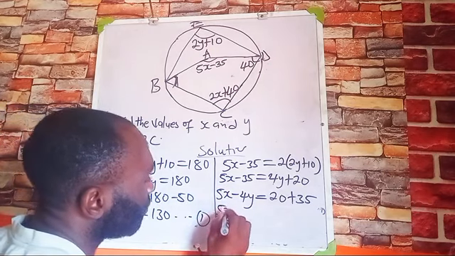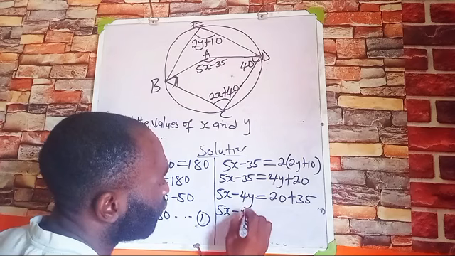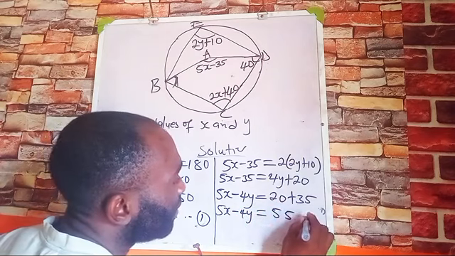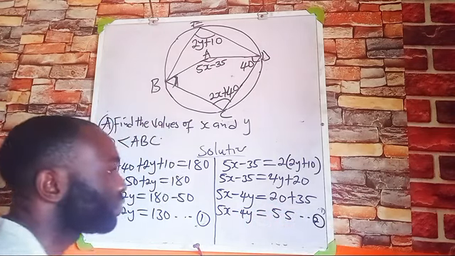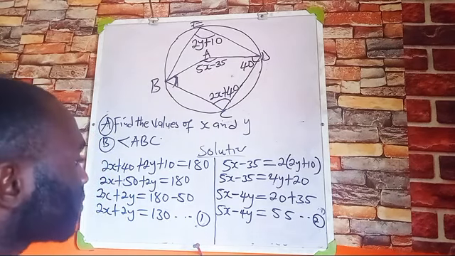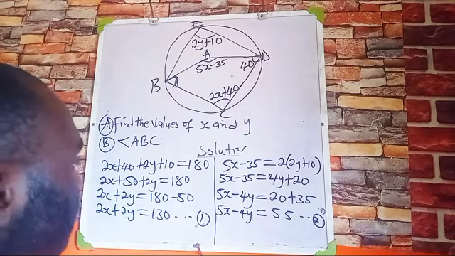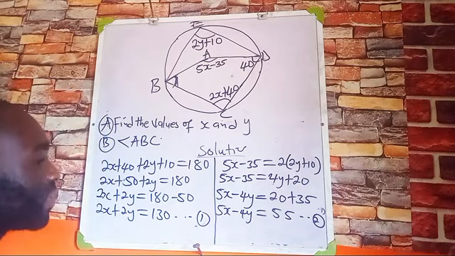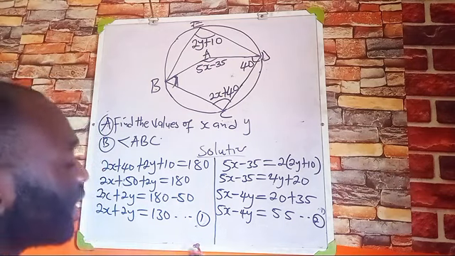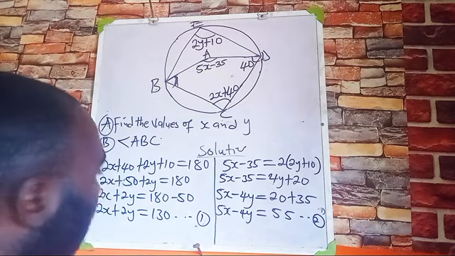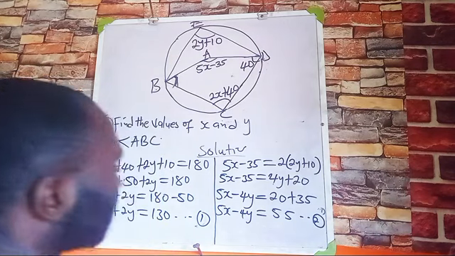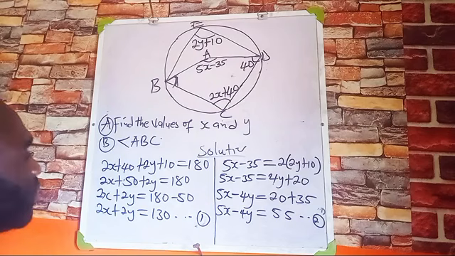So we have 5x minus 4y is equal to 55, and this gives us equation 2. Now we have successfully found our two equations. Now we'll apply the method of simultaneous equations, either substitution, elimination, or any graphical method. But let's apply the elimination method to solve this one here.